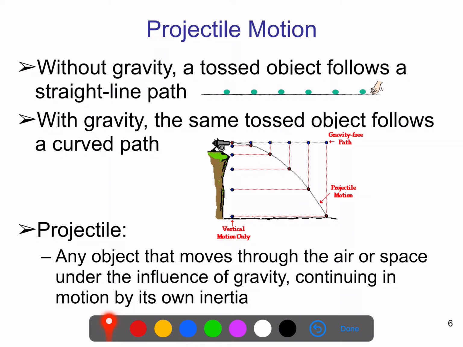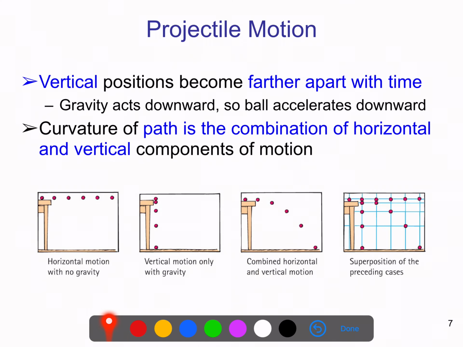So we're going to define a projectile as any object that is moving under the influence of gravity and kind of continuing on that path, and it's really only gravity that's acting. Typically it's characterized by this curved sort of trajectory. Okay, and so you can do this thought experiment. If you did not have gravity and you rolled a ball off the end of a table, it would just continue in this horizontal manner.